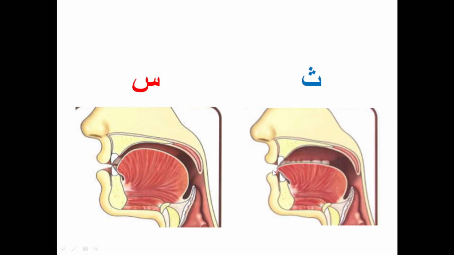But the big difference is in the makhraj, remember, in the point of articulation. The tip of the tongue goes forward to touch the upper teeth for the tha, but for the sin, it doesn't touch the teeth, right? Now let's practice some minimal pairs of words with both sounds, so we can differentiate between them in a better, more practical way, inshallah.